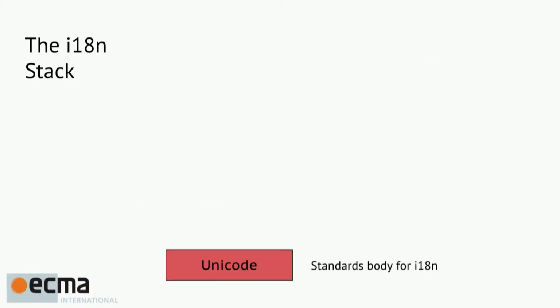I want to explain a little bit here about how internationalization is going to work when you try to use it on the web in Chrome or in Firefox or in Safari or whatever your favorite browser happens to be. On the bottom of the stack always is Unicode. This is the Unicode conference. Unicode releases the standards and is the standards body that defines how internationalization works.